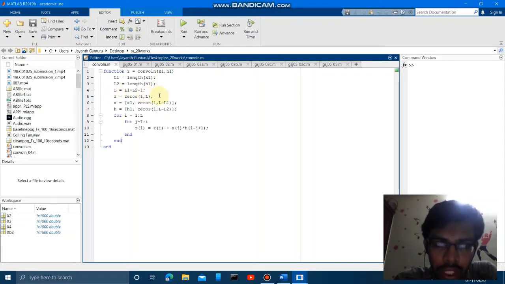Next I am declaring the convolution output as z equal to zeros of 1 comma L. And next I am padding the input and the impulse response with zeros to the remaining length. Then I am using two for loops in this manner.